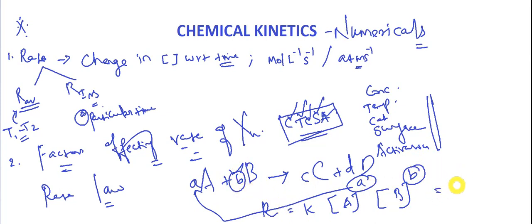This can be written as minus dR by dt. That's it. This is the rate law.